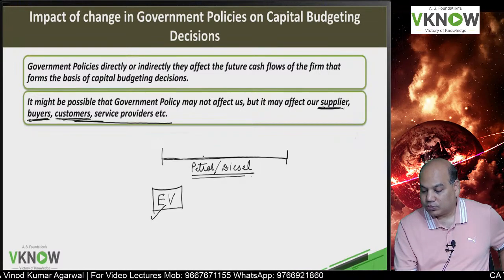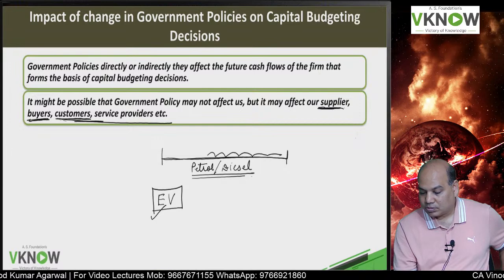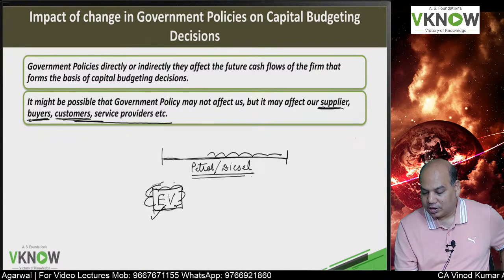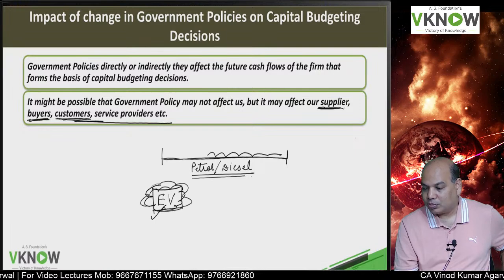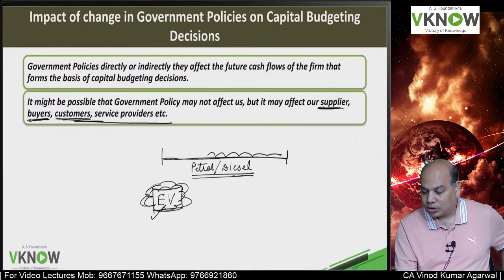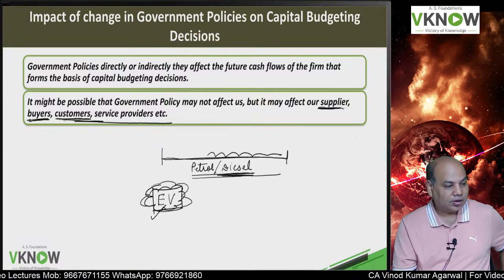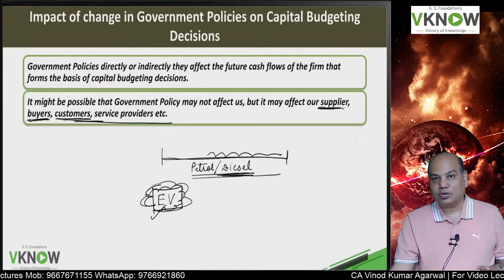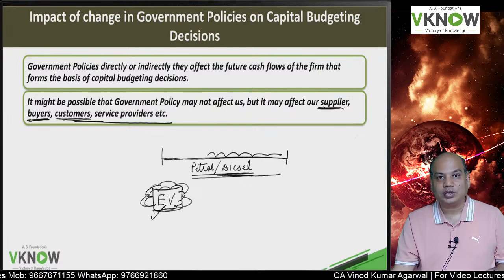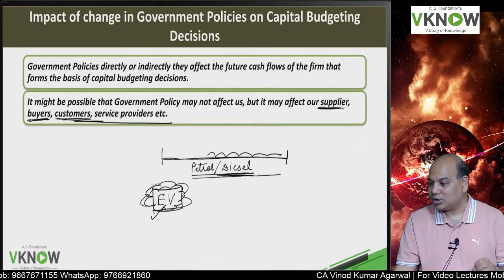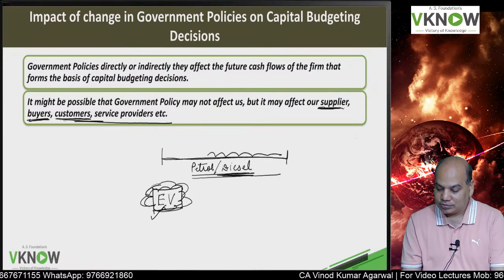So their cash flow will be affected because the government is promoting EVs for environmental reasons. In fact, they are going to ban diesel vehicles in some states after some time. They have also brought in a scrapping policy. A vehicle which is 15 years old will have to be scrapped.